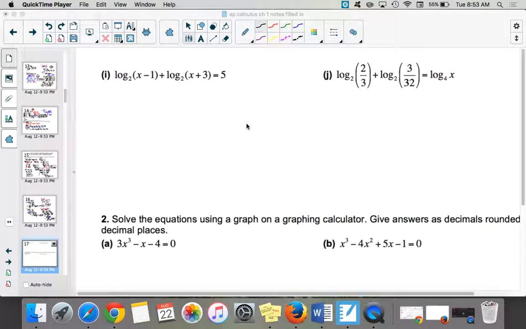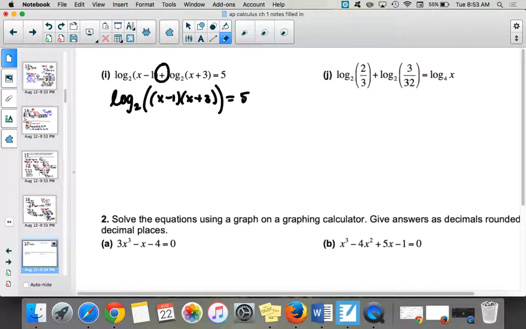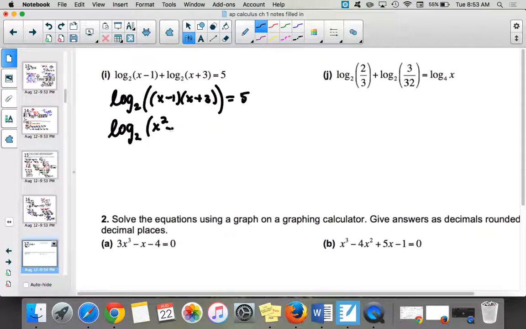All right, as I was walking around, most of you guys were getting it right. Good. So you combine with multiplication this time, right? It's going to be x minus 1 multiplied by x plus 3, because we had a plus right here. So we FOIL it out, and you get x squared plus 2x minus 3 equals 5.